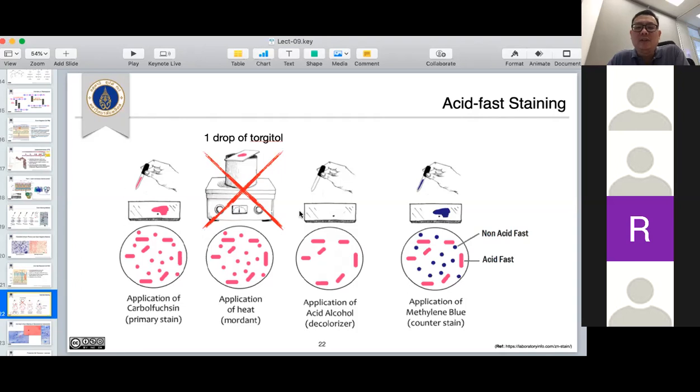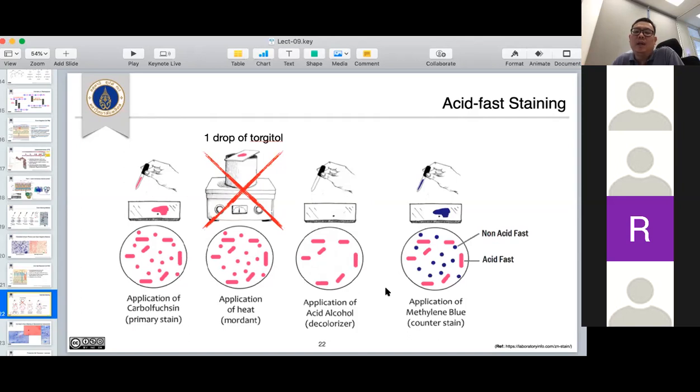And then you just wash with acid. Only acid-fast bacteria tolerate acid. So once you wash with acid, the other bacteria that took up carbolfuchsin have been washed out, except the acid-fast bacteria. But then you can't see the other bacteria, right?